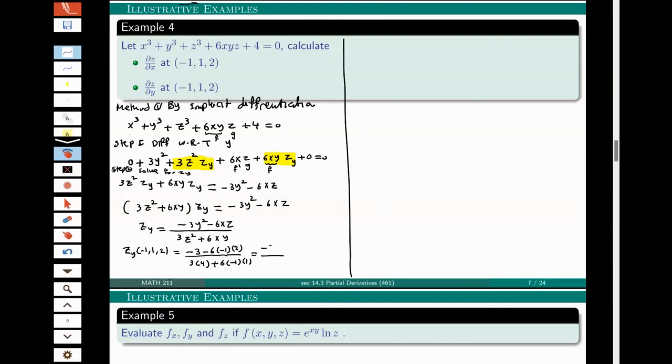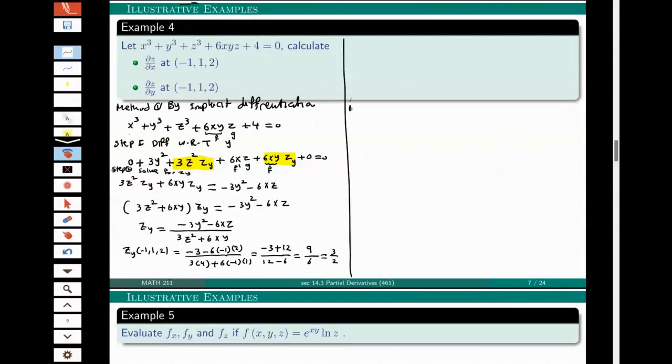That will be equal to minus 3 plus 12 divided by 12 minus 6, which is 12 minus 3 is 9, 12 minus 6 is 6, so 9 divided by 6. It's 3 divided by 2.